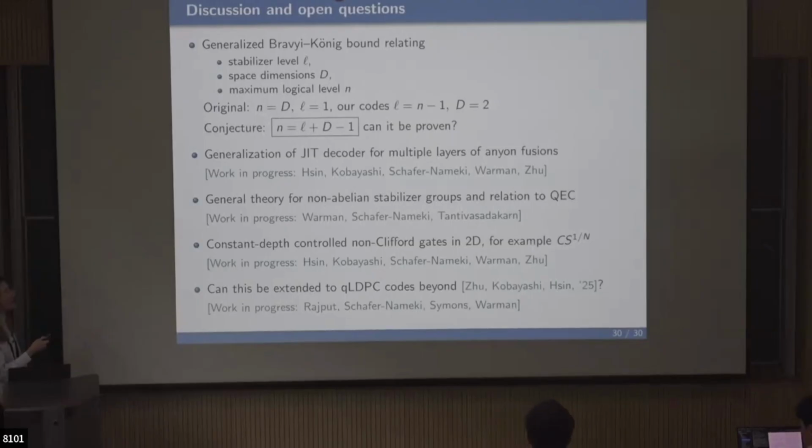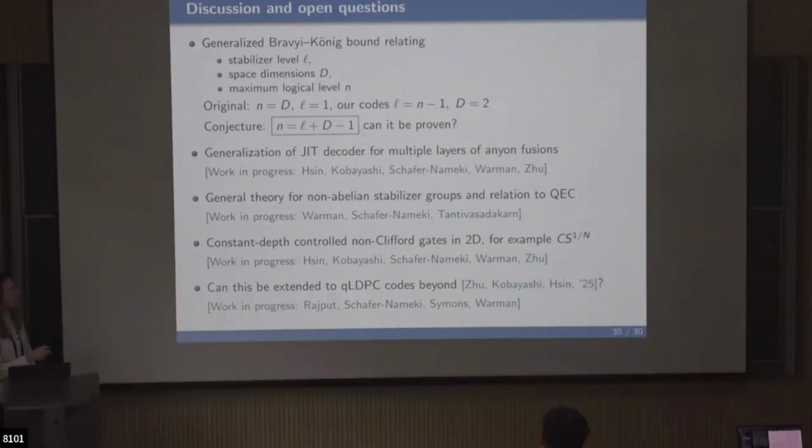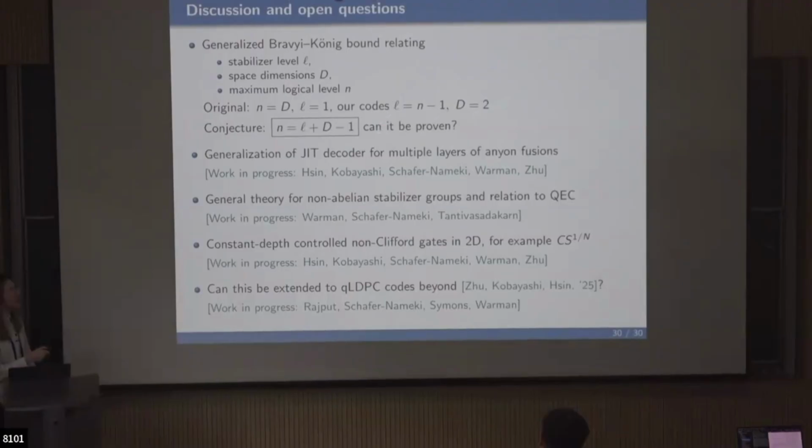So when we have Pauli stabilizer codes, we need to go to d space dimensions to get a level n equals d logical gate. We've shown in our codes that we can actually remain purely in 2 space dimensions, but increase the level of the stabilizers. So if we have level n-1 stabilizers, then we can get a logical gate at level n.